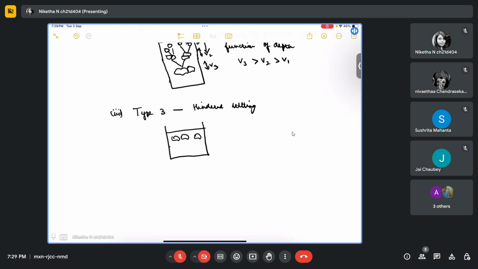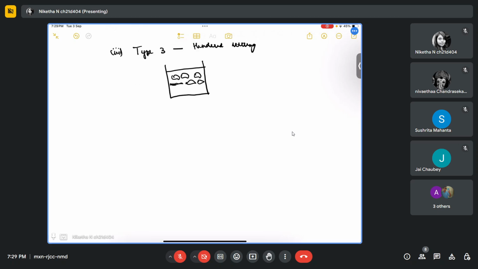So when you have many particles here, the particles at the top will not be allowed to settle down at the bottom because there are other particles which are hindering their settling. So this is called hindered settling.